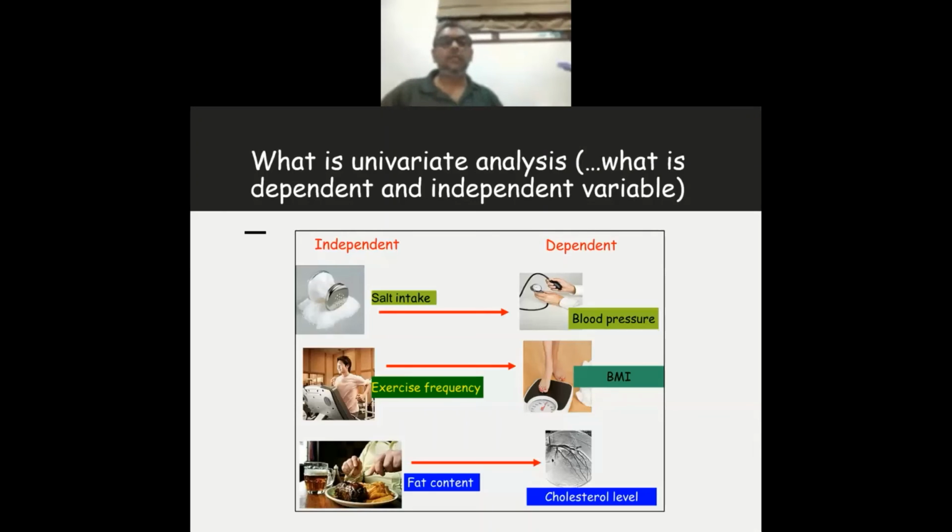Intake, frequency, fat content can also be measured. It is measurable. So what do we know from this slide? Whenever you draw a diagram, make sure your variable name is measurable, whether you're doing it on your independent or your dependent. When you do the names for your analysis, for your hypothesis, it should be measurable.